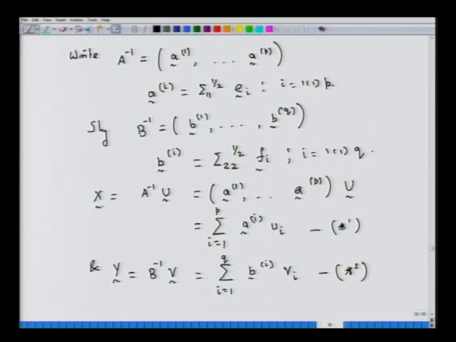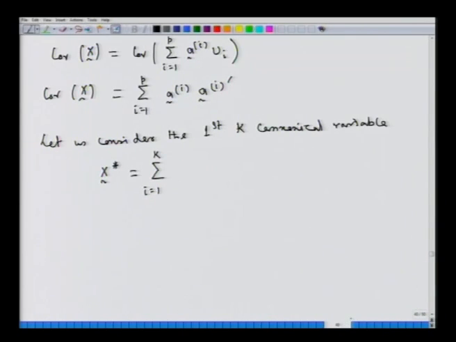If you look at this x here, we are chopping off at the point k. So, we are not looking at a_{k+1} up to a_p vectors and only retaining a_1, a_2 up to a_k, and under such a situation this x star is an approximation to x, denoted by the summation i equal to 1 to k of a_i times u_i.